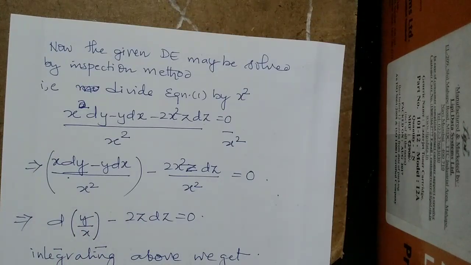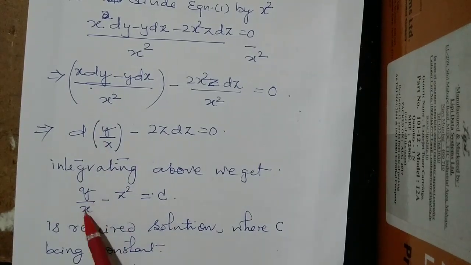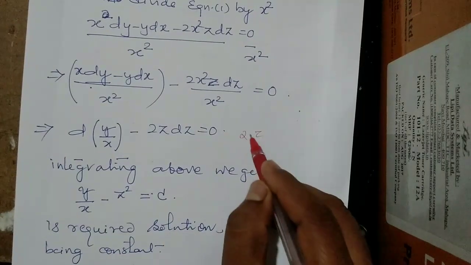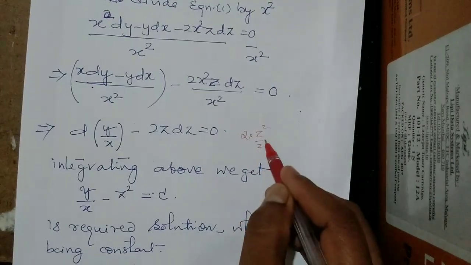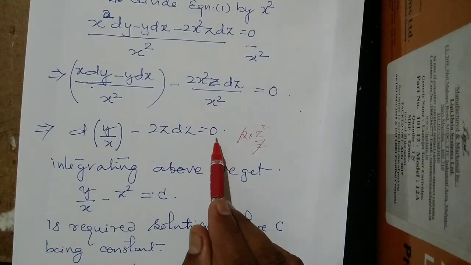Now integrating on both sides, d of y by x is simply y by x, and the integration of 2z is 2 into z square by 2, so 2 will get cancelled. This is z square, and on the right side I am taking a constant of integration.